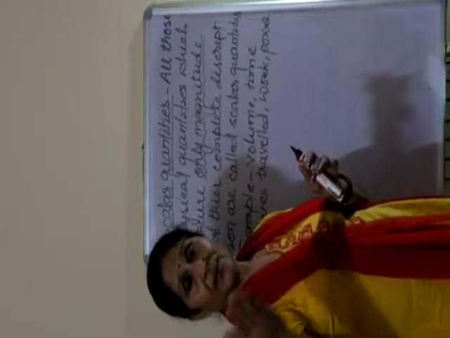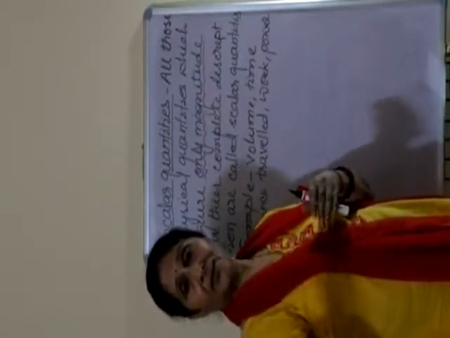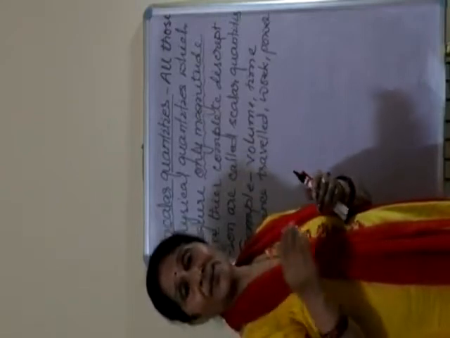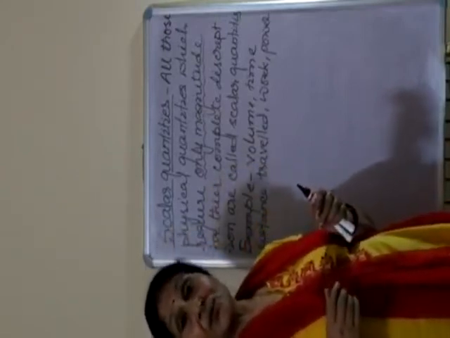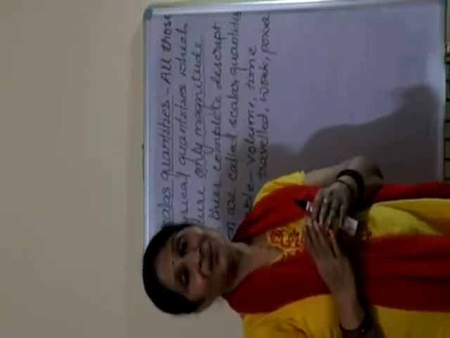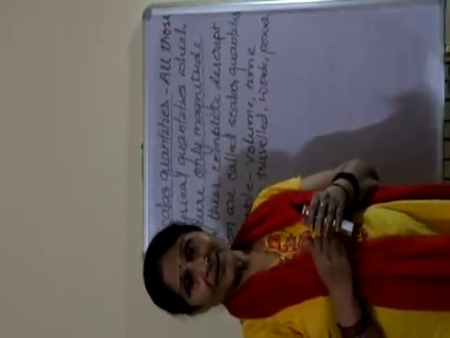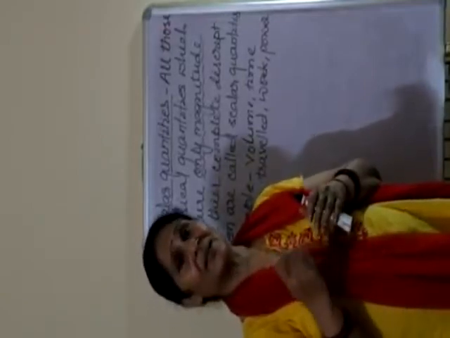Later on, when you will study in standard 9 or 10 or 11, 12, you will see some physical quantities also come which have direction, but they are not vector quantities. For example, electric current, which I think you have studied in standard 8.